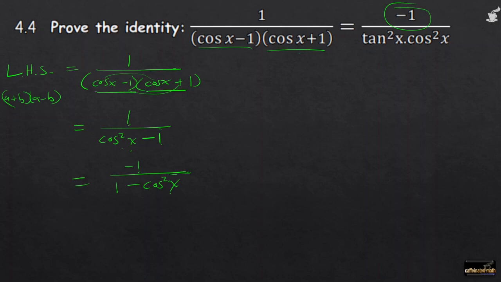Well, my Pythagorean identity says that sine squared x plus cosine squared x is equal to 1. And then of course, if I transpose that, cosine over, I have 1 minus cosine squared of x. So therefore, sine squared x is going to be equal to 1 minus cosine squared x.